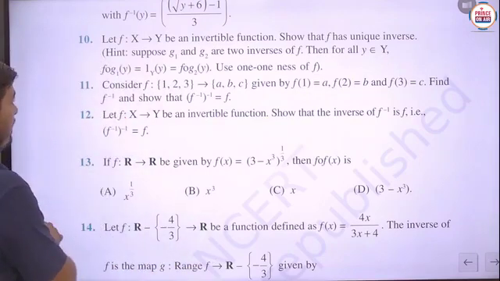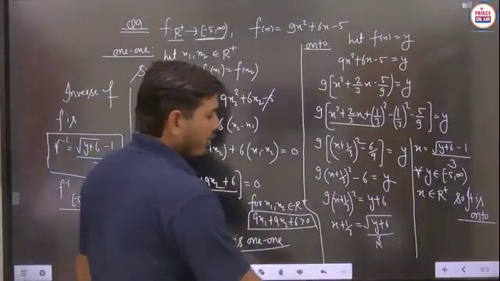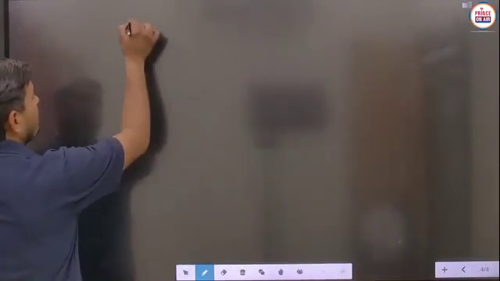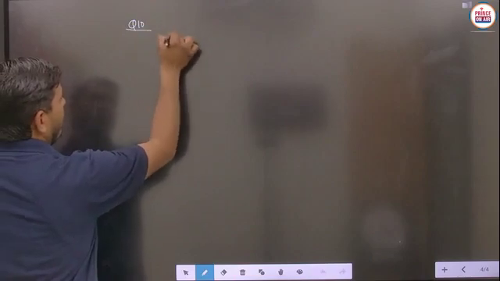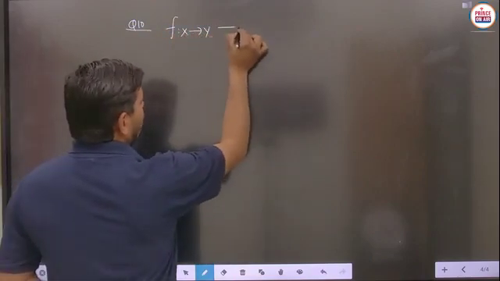So f from X to Y is given, and it is said to be an invertible function. In question number 10, any function f is given from set X to set Y, and it is said to be invertible.